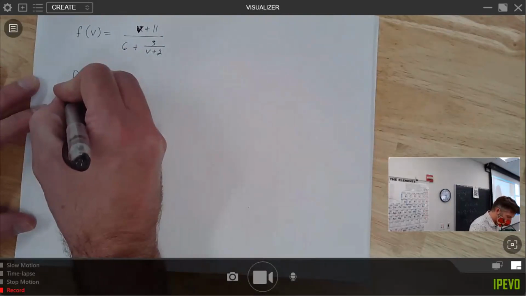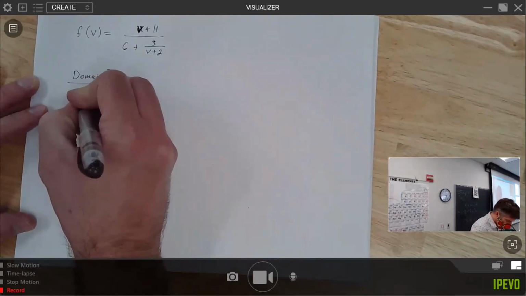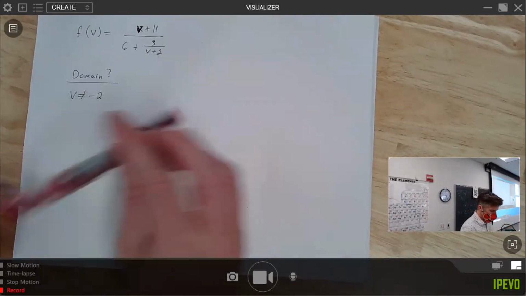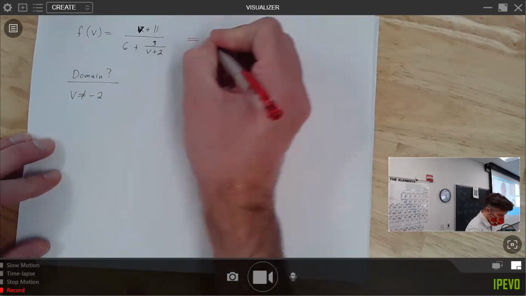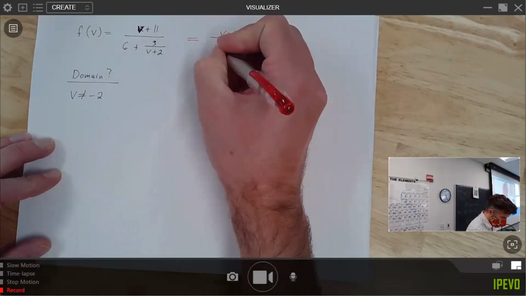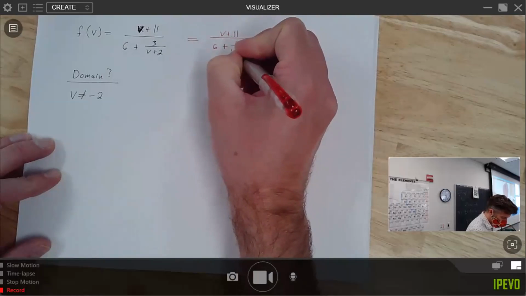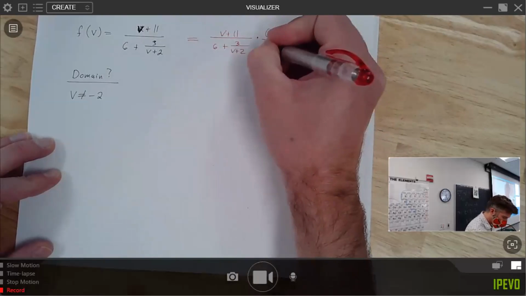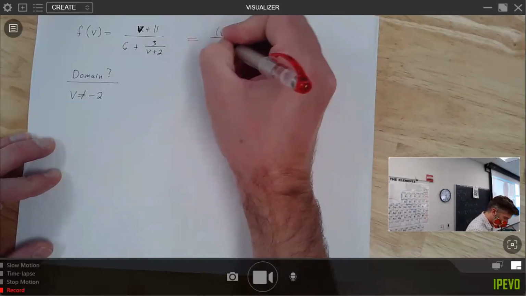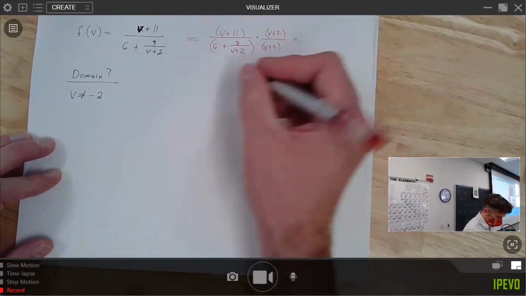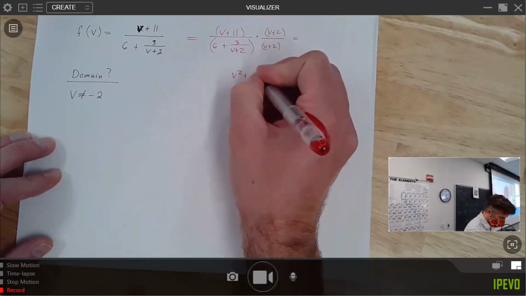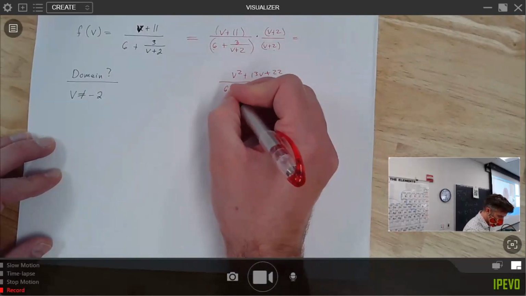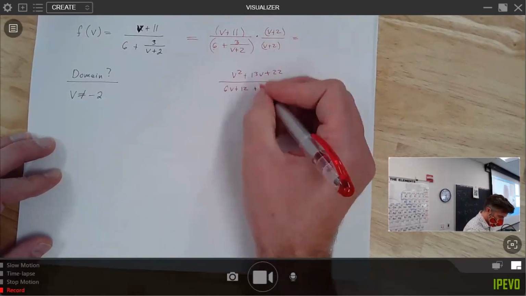Now, it's actually really worth noting that because a lot of the times people simplify things like this by multiplying it by (v plus 2) over (v plus 2). So that the numerator is going to be v squared plus 13v plus 22, and the denominator is 6 times (v plus 2) plus 3.